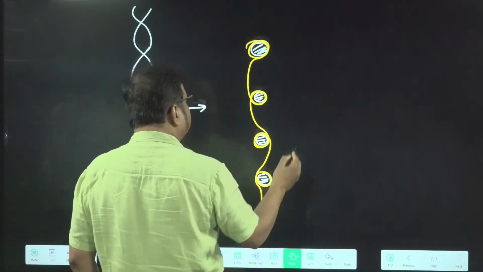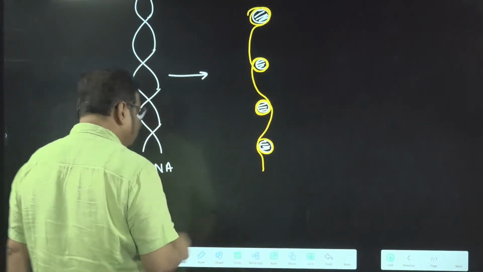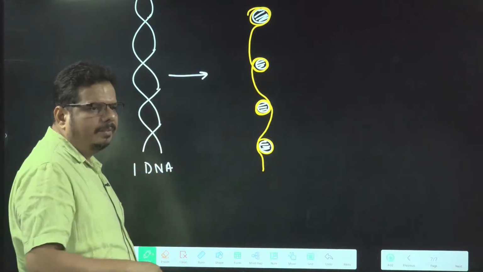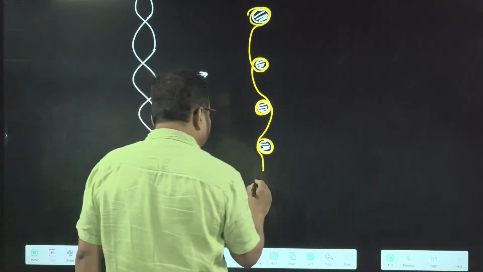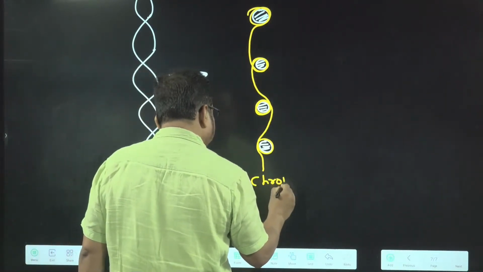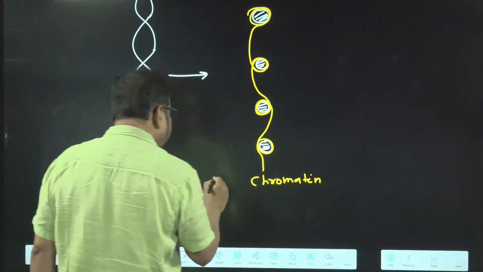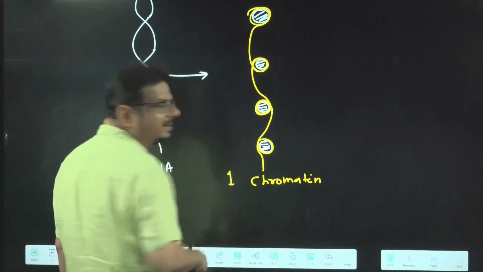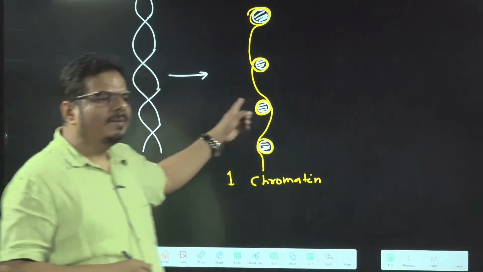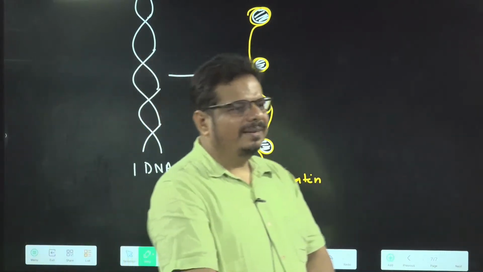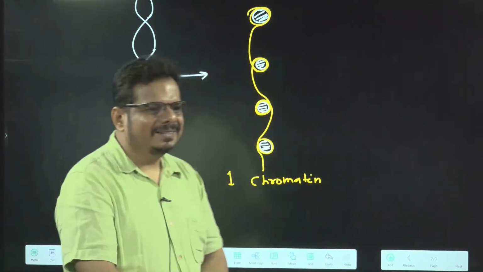When DNA is wrapped around histone protein, some non-histone protein comes, some RNA comes, and then it becomes chromatin. How many chromatin? One chromatin. So one chromatin has how many DNA? One DNA. Are you getting the idea?